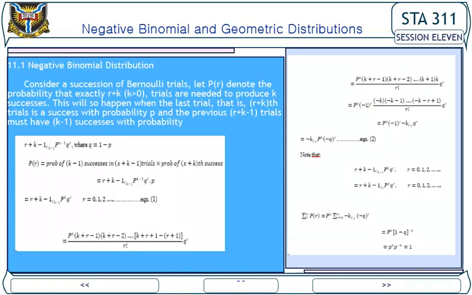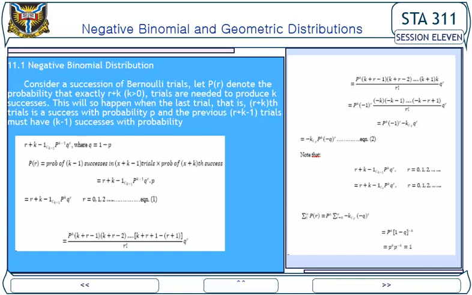Negative binomial distribution. Consider a succession of Bernoulli trials. Let P of R denote the probability that exactly R plus K, greater than 0, trials are needed to produce K successes.